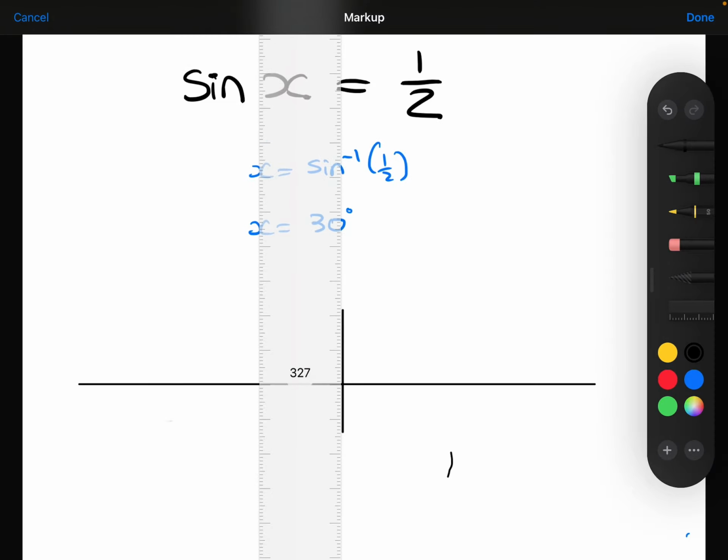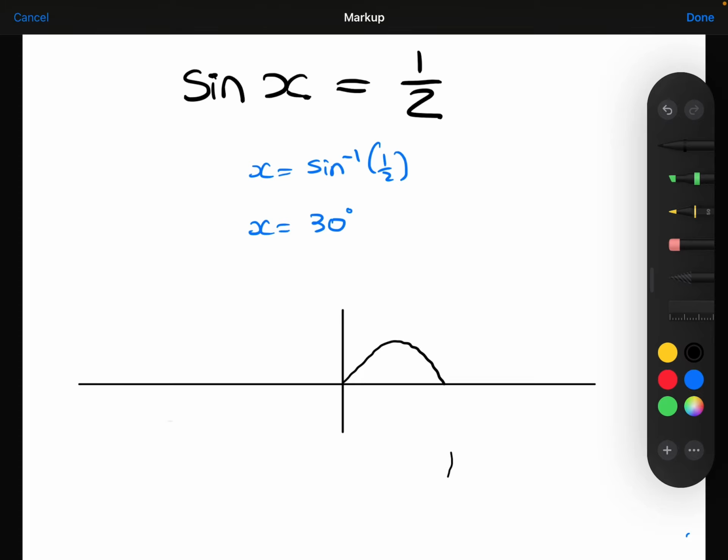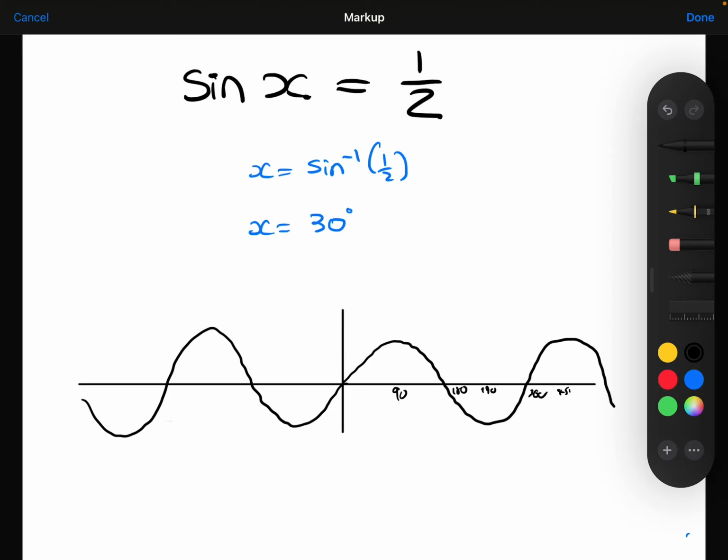So let me just draw a quick, rough, but accurate sine graph. So my sine graph looks like this. Where this is 90, that's 180, 270, 360, 450. This would be 540. Minus 90, minus 180, minus 270, minus 360, and so on.